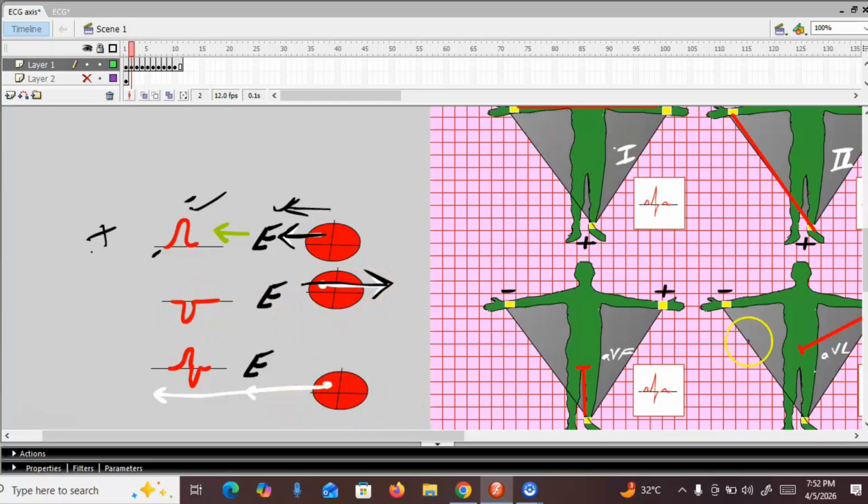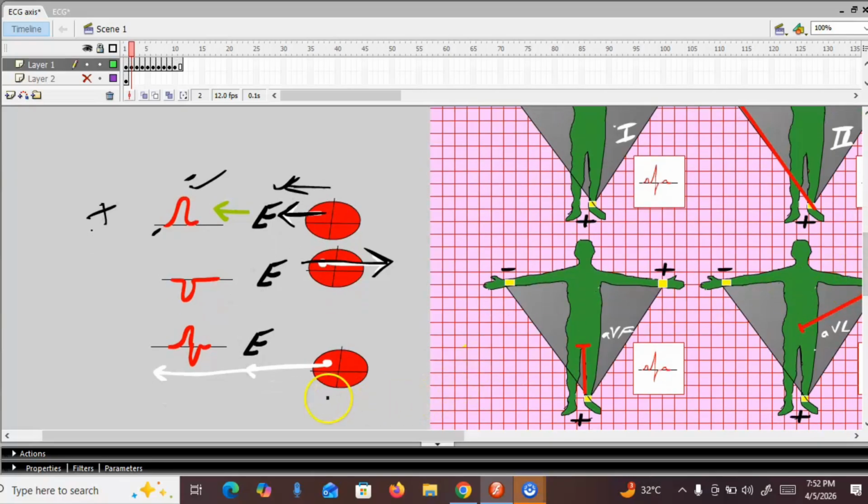But if the vector is going tangentially, to start with, this force is coming towards the electrode. That's why you are getting a positive deflection over here. Now when it goes beyond the electrode, you will get a negative deflection.